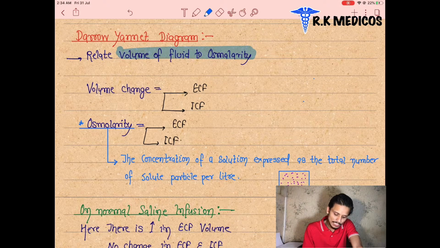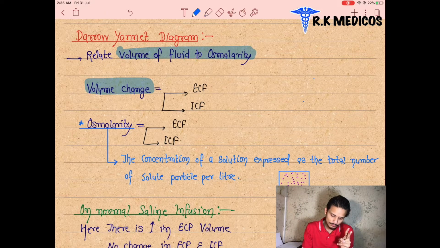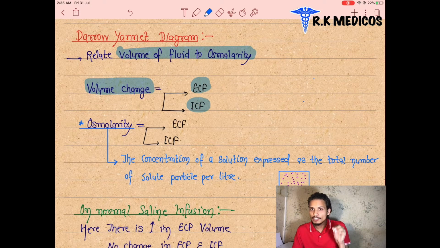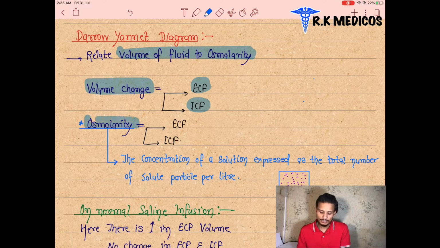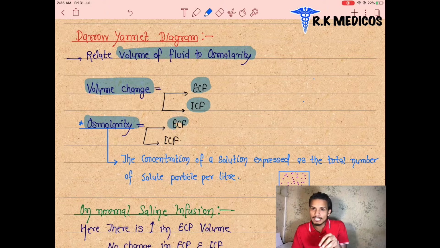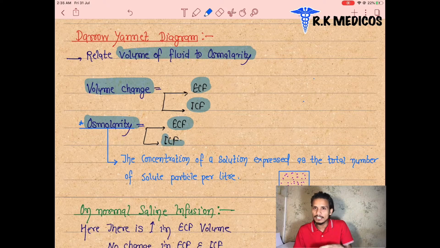Now we are going to see the volume changes in any person's body. In any person's body, the cell has 2 types of changes: either a change in extracellular fluid outside the cell, or a change in intracellular fluid inside the cell. The water inside is going to change, and the fluid outside the cell is also going to change. In the next case, osmolarity: the solute particles of the extracellular fluid may change, or the solute particles in the intracellular fluid may change, increasing or decreasing the concentration of that solution.